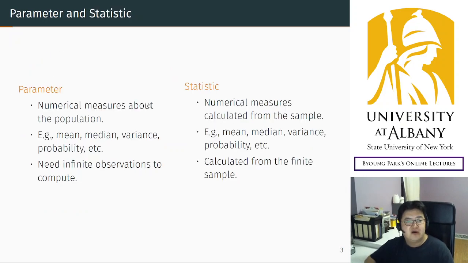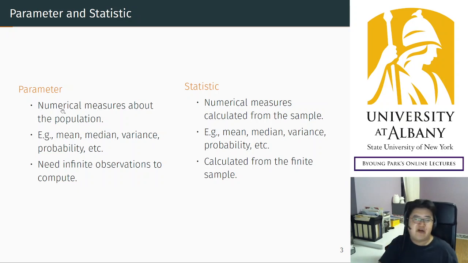Now, if you understand these two, we can define additional terms. In estimation and in statistical inference, parameter refers to any numerical measure about the population.